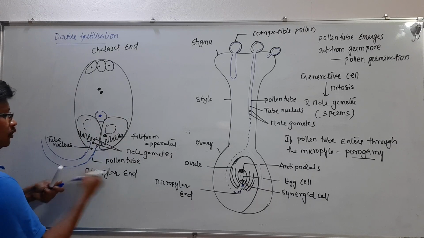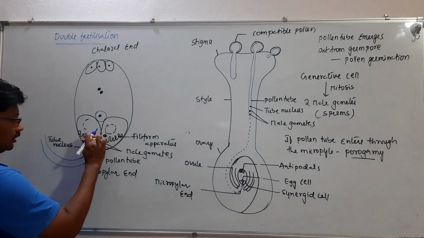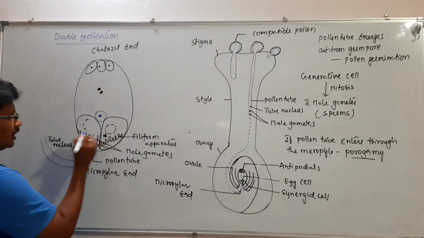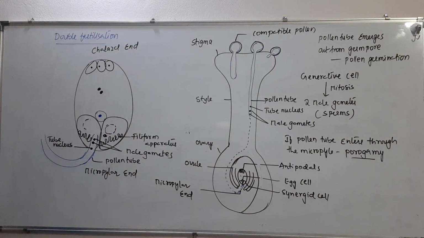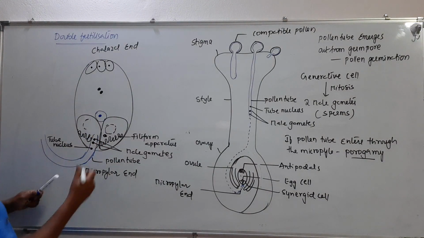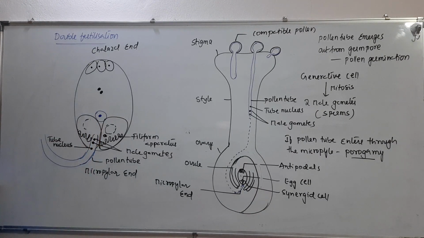Once it comes into the synergid cell, the pollen tube breaks open and releases the male gametes into the cytoplasm of the synergid cell.